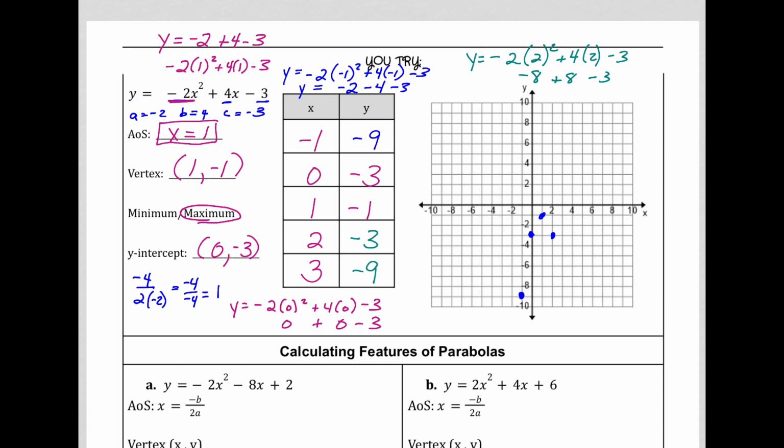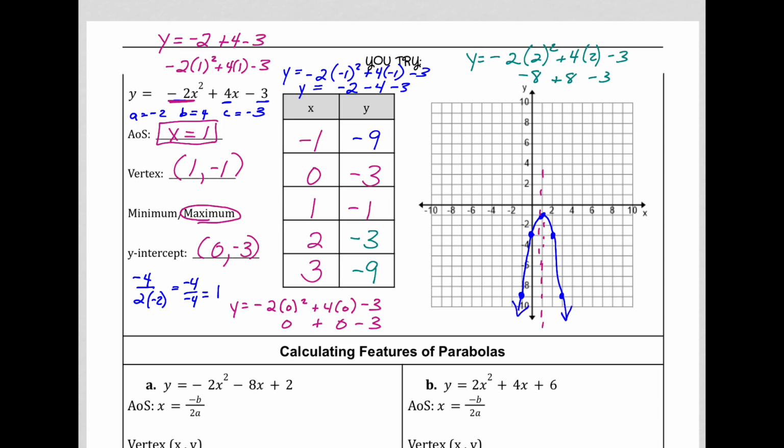See if that works out for us. Our line of symmetry would be going, because we said it was at x equals 1. That's a little crooked there, sorry about that. We can see that those would mirror each other. So I'm going to go ahead and draw the parabola as best I can.